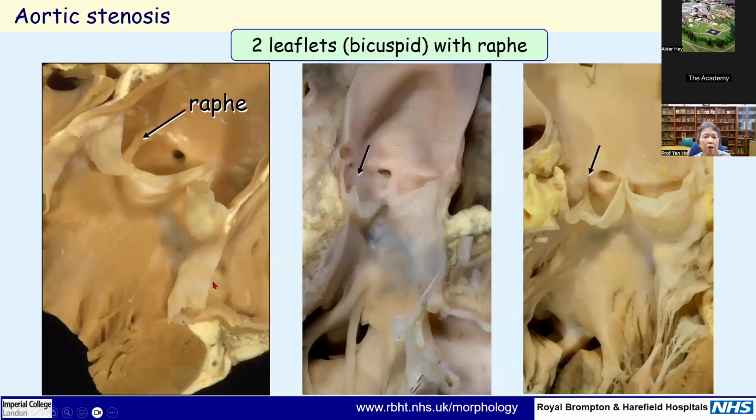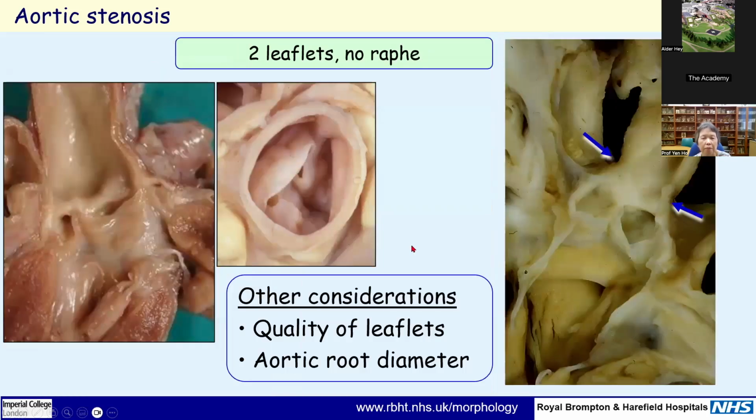Now, more 2-leaflet aortic valves, examples here: well-formed raphe, less well-formed raphe, and hardly any raphe in this particular case. And indeed, you can have bi-leaflet aortic valves without any raphe. For example, in these cases here, this one here, quite slightly different lengths of the valves, no raphe.